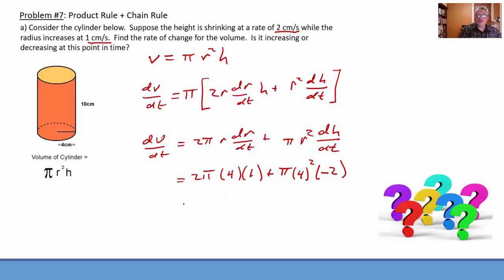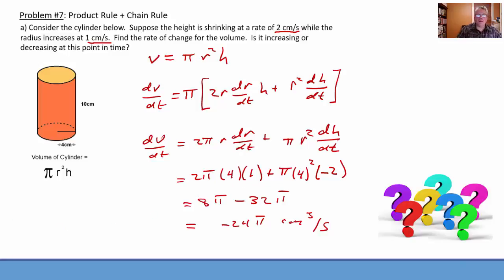So 4 times 1 times 2 is 8 pi. Minus 2 times 4 squared is negative 32. So minus 32 pi, which would be minus 24 pi, which is definitely negative. And that would be centimeters cubed per second. So since the derivative of volume is negative, we know that under these circumstances, the volume is shrinking.